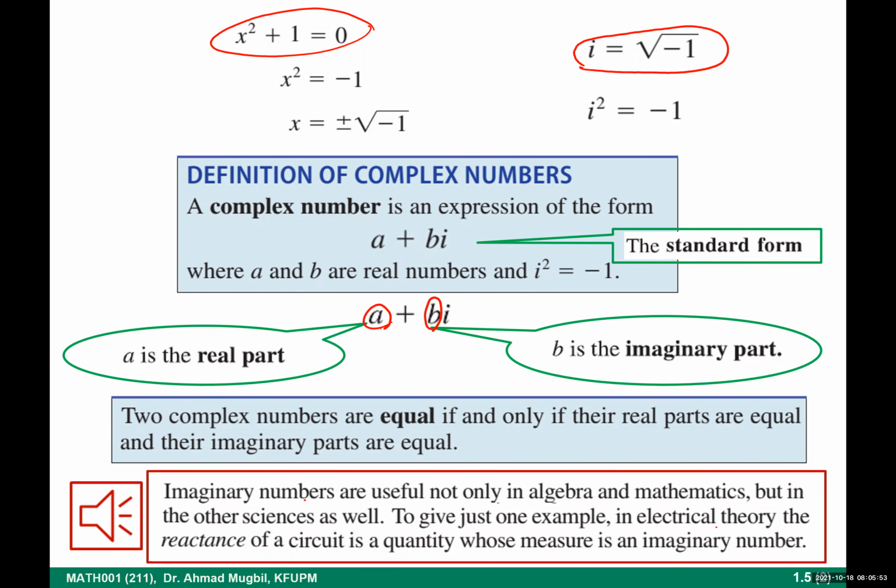For example, from electrical theory, the reactance of a circuit is a quantity whose measure is an imaginary number. In fact, around 300 years ago, when they worked on the relationship between electricity and magnetism, they realized that whenever they tried to solve or model the relationship between them, they got an equation like this.